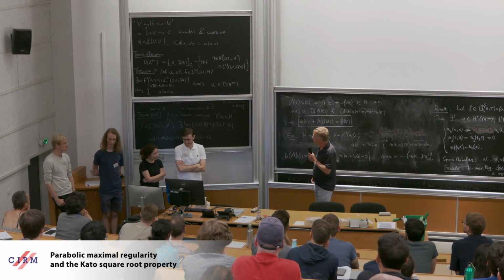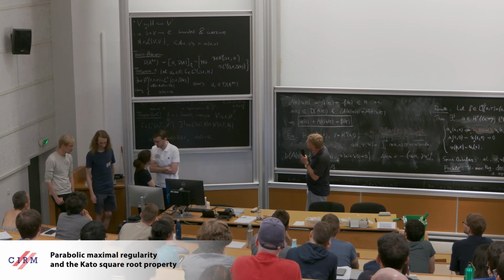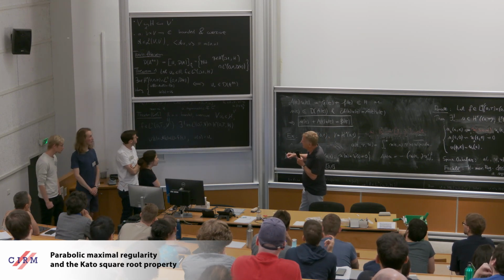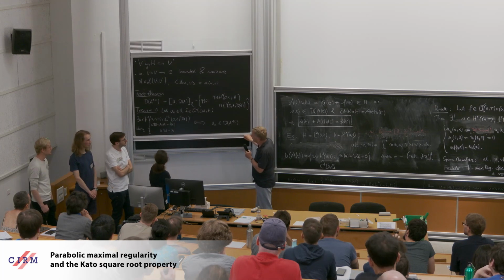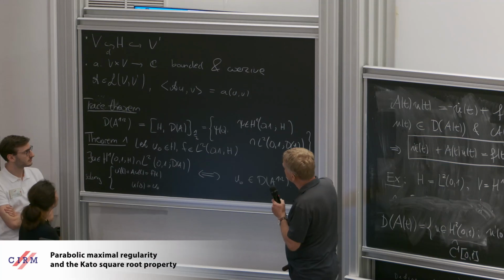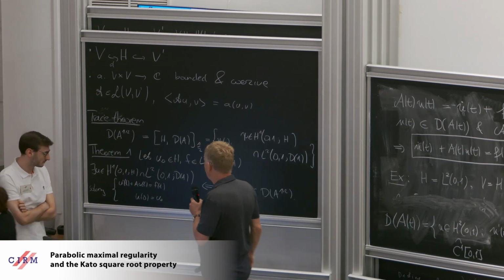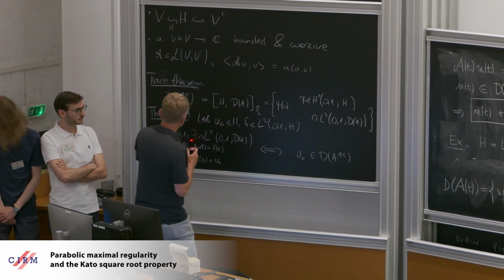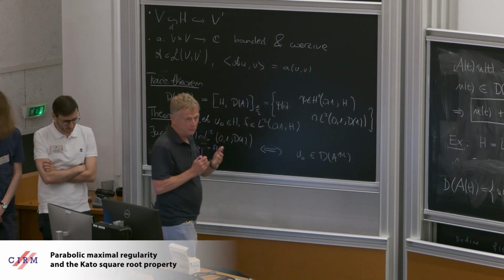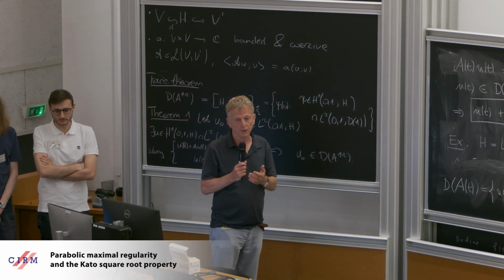Yeah, well, this square root was explained by Manuel, because already in the autonomous case, if you take A, then you have a generator of a semigroup.